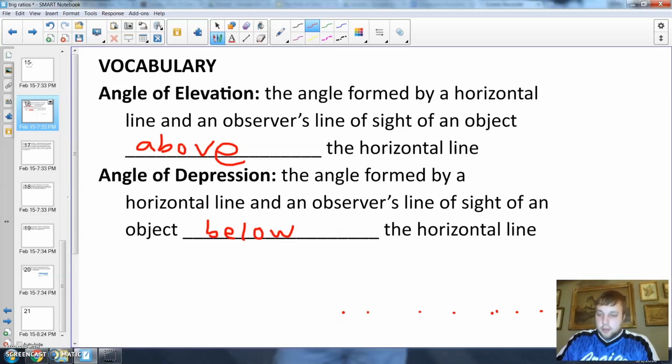That's my angle of depression, this bad boy right here. So we have angle of elevation, which is up, and then angle of depression, which is down. Good, I'm glad we got that out of the way.